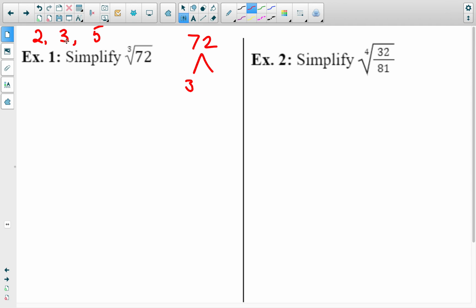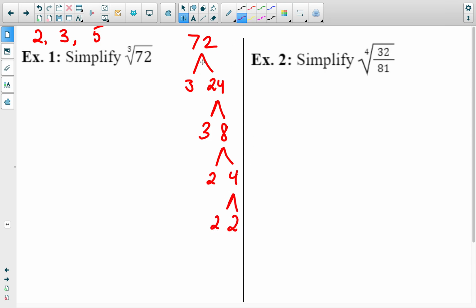We could divide by 2, doesn't matter. All right, let's divide by 3 though. And then 3 times 24 is what gives us 72. Now let's divide 24 by 2, 3, or 5. We know that 3 times 8 is 24. And then let's break this 8 down into 2 and 4. And then let's break this 4 down into 2 and 2.